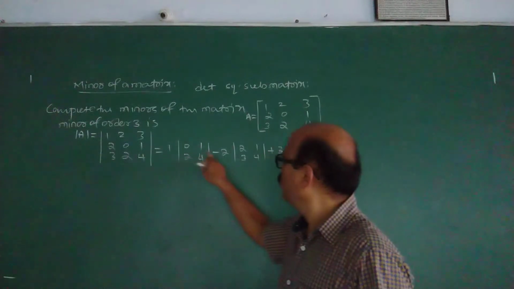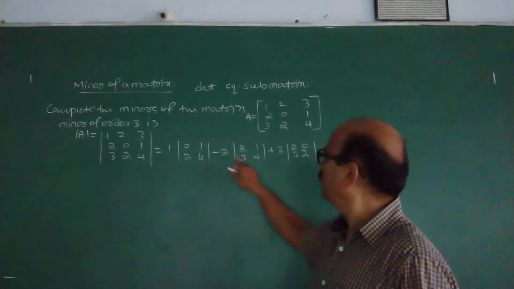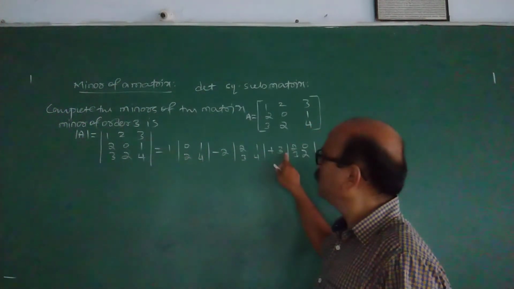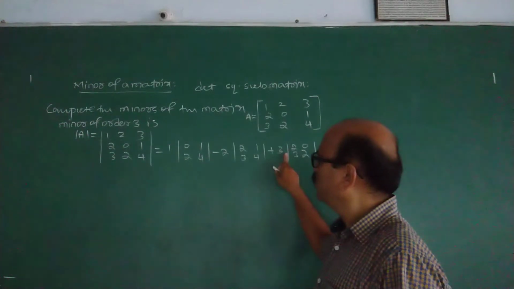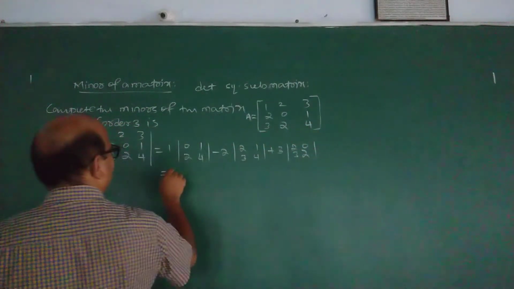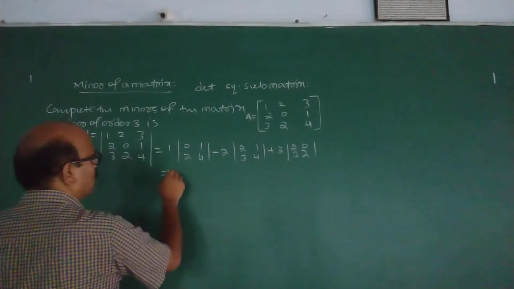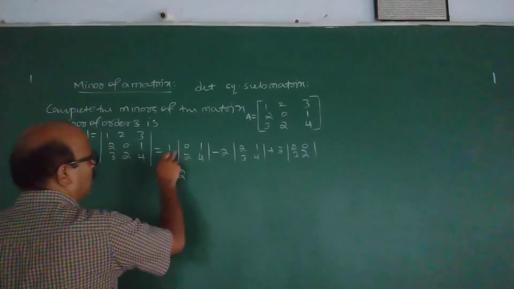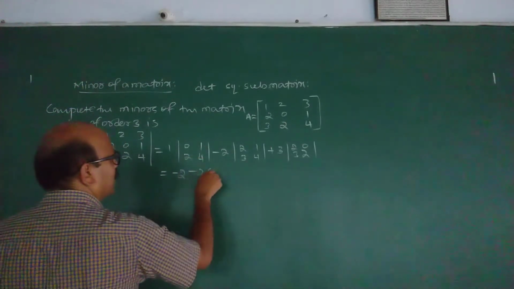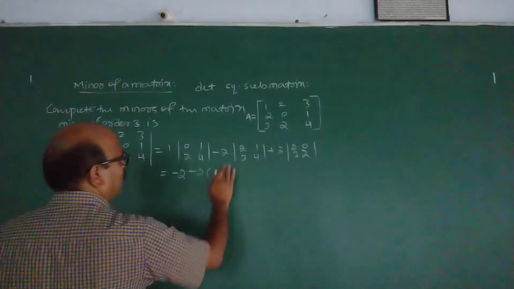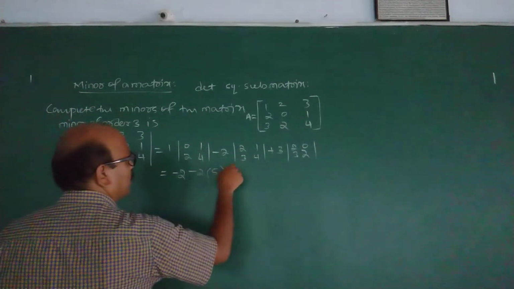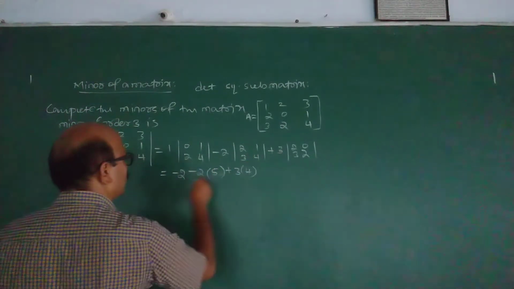It is 1 into minus 2, minus 2 into 8 minus 3. 8 minus 3 is 5, plus 3 into 4. So what is this?